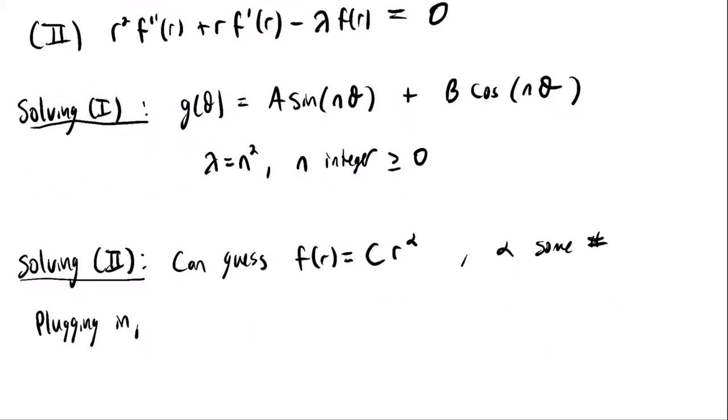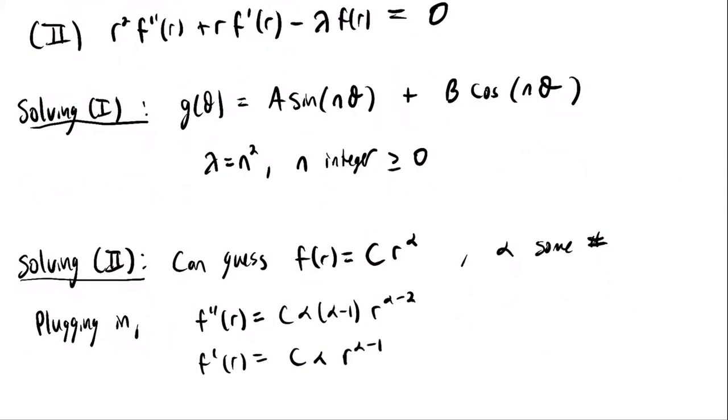So if I plug this in, we'll notice that f prime prime of r has to equal c times alpha times alpha minus 1, r to the alpha minus 2. F prime of r has to equal c times alpha times r to the alpha minus 1.